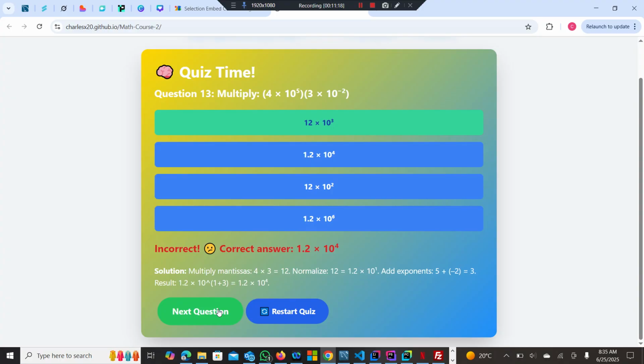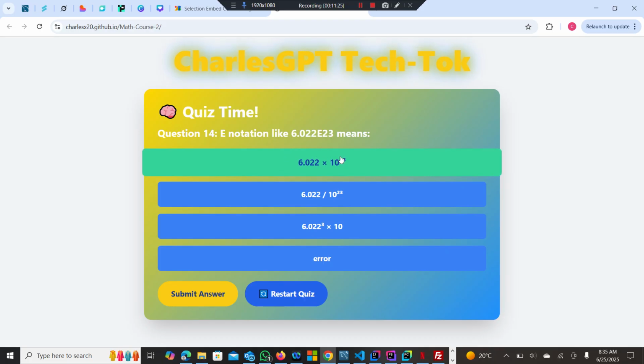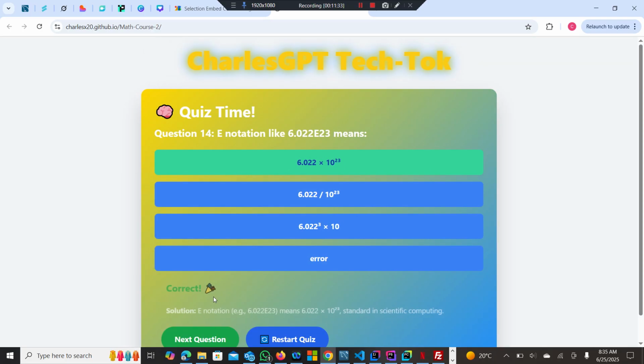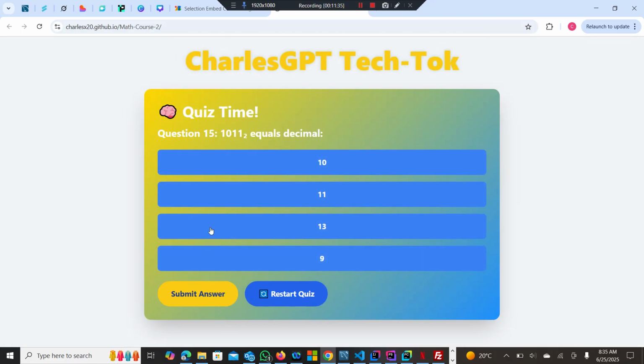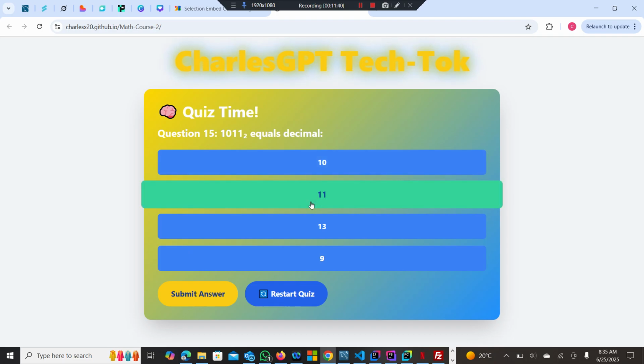So if you go to the next question, we have these notes. We will give you this. Yeah. So this is the correct way to write this, like this: 6.022 times 10 raised to power 23. You submit, correct answer. The next one we have 1011 equals which decimal? It's 11.